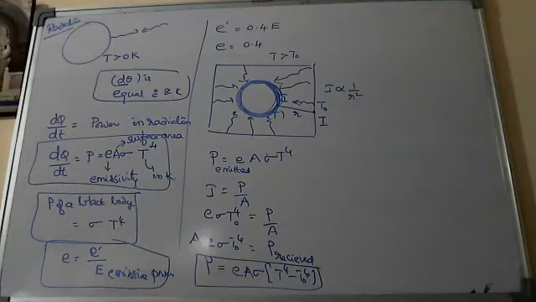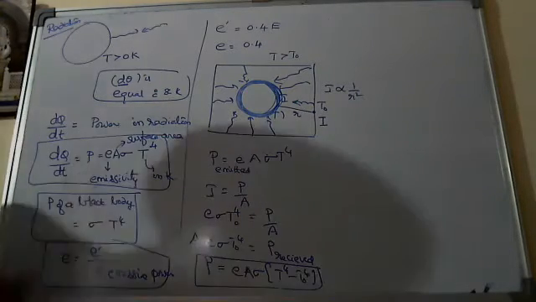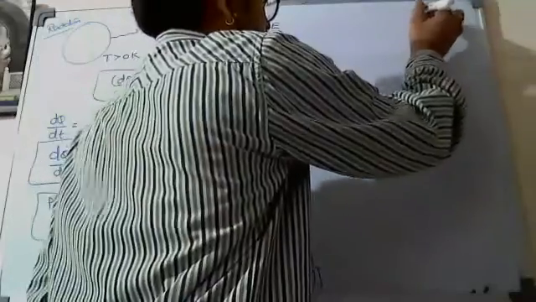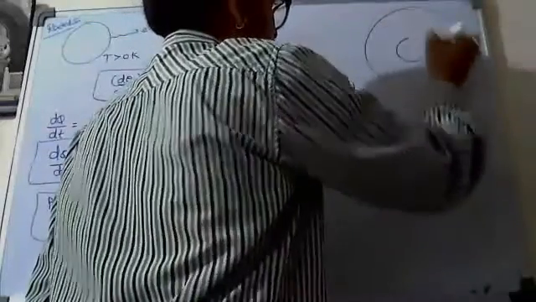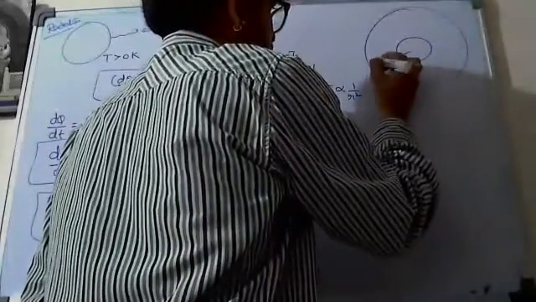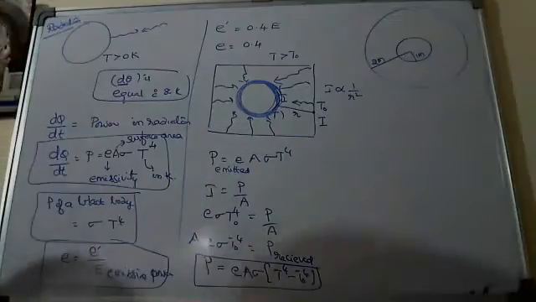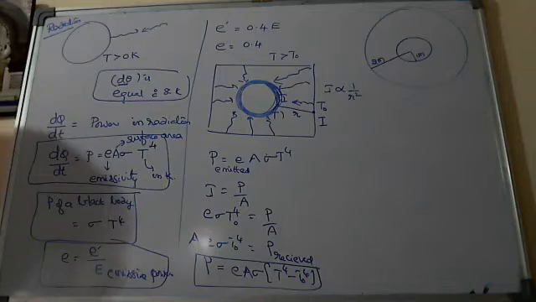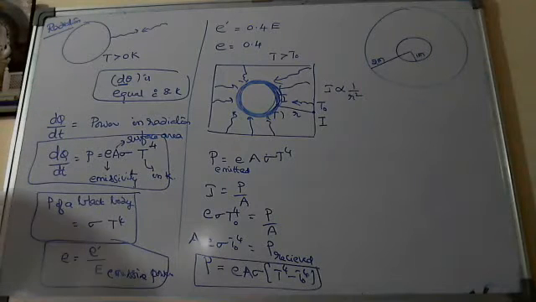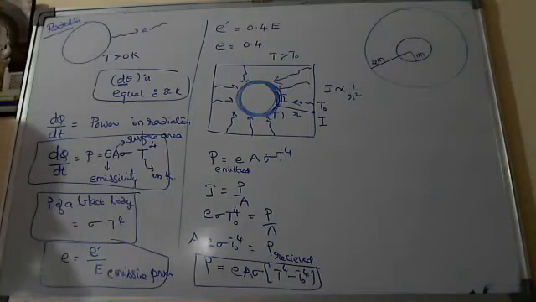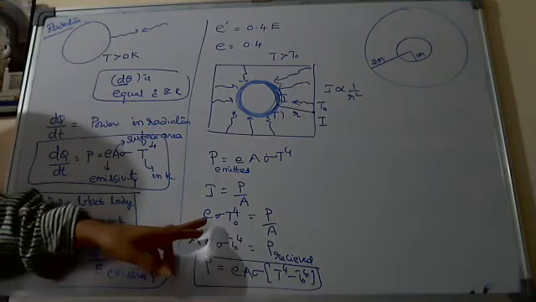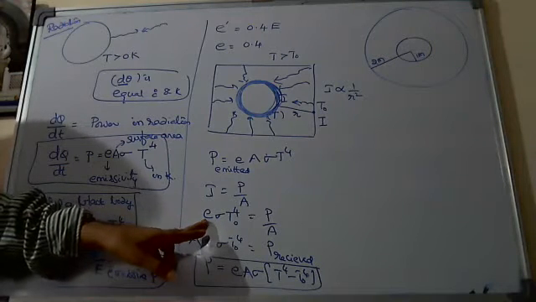If they ask one question here, these are two spheres of different radii. Suppose its radius is 2 meters, its radius is 1 meter, and for my convenience, both the spheres are coated with black paint, meaning both are behaving like black bodies. So happily, no need to use the term E, emissivity.